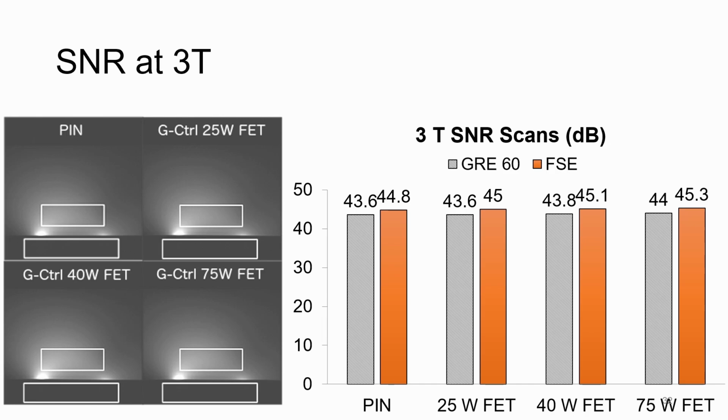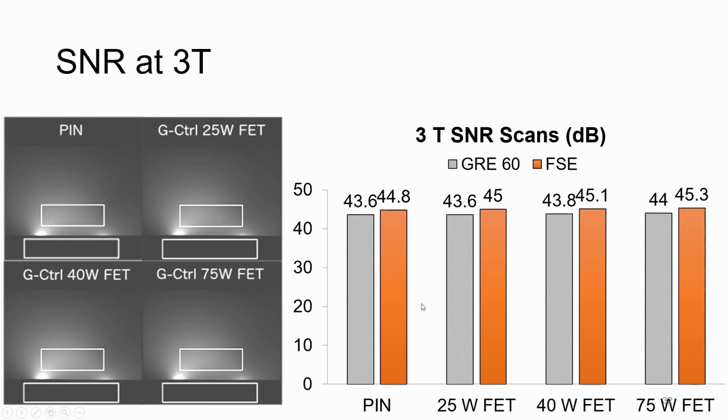So here are the results for our 3 Tesla scans using the 3 Tesla coils that we built. And we had a pin diode as well as our FET-based coils for 3 of the different power parts. And again, when looking at the SNR measurements for the GRE sequence as well as the fast spin echo sequence, we see that the SNR quantities are very, very similar to one another.